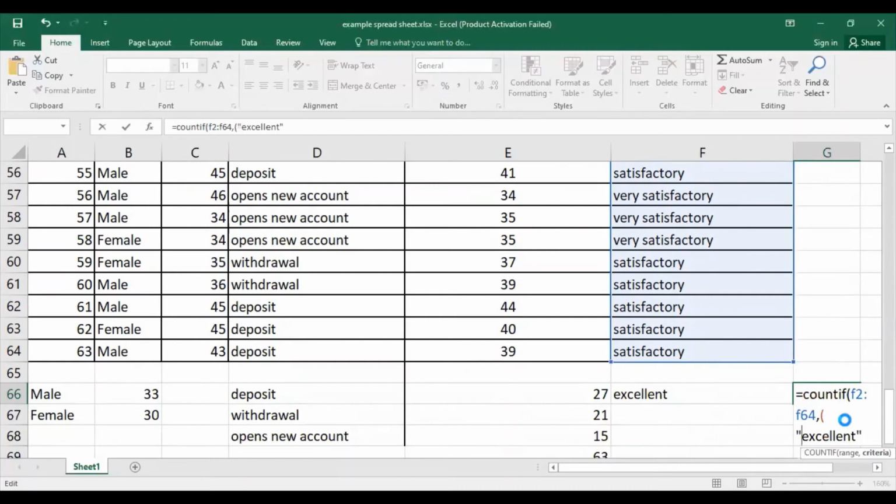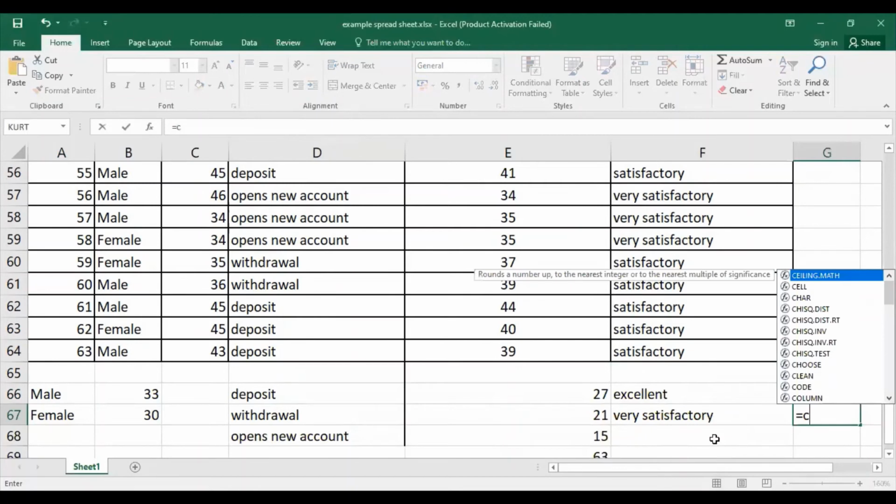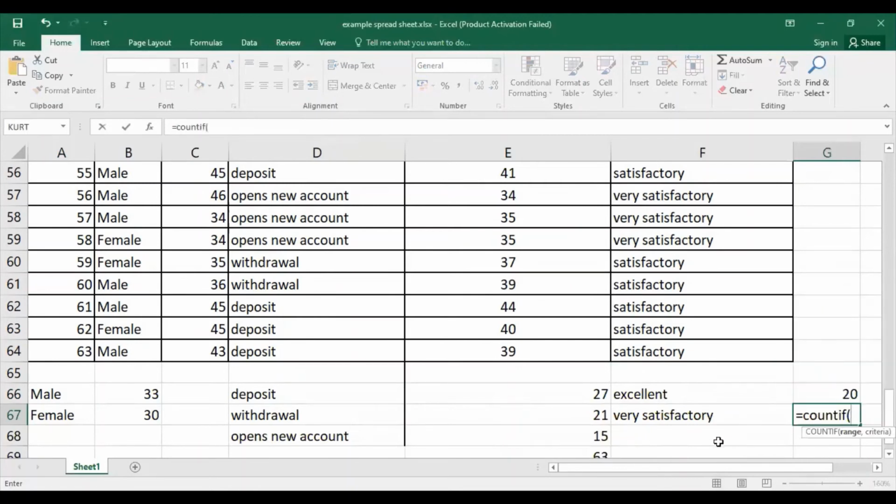So sorry, it must be excellent there. Okay. And then next would be very satisfactory. And we have Countif, open parenthesis, F2 up to F64, and then criterion, very satisfactory.